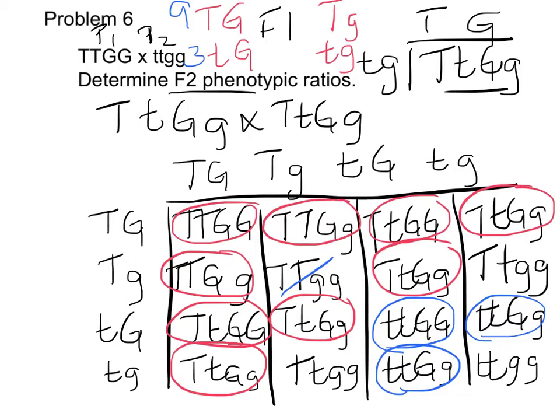Tall and yellow, 1, 2, 3. And short and yellow, we have 1. You'll notice we end up with a 9:3:3:1 ratio. Anytime you cross 2 double heterozygous individuals by each other, you end up with that typical 9:3:3:1 ratio.